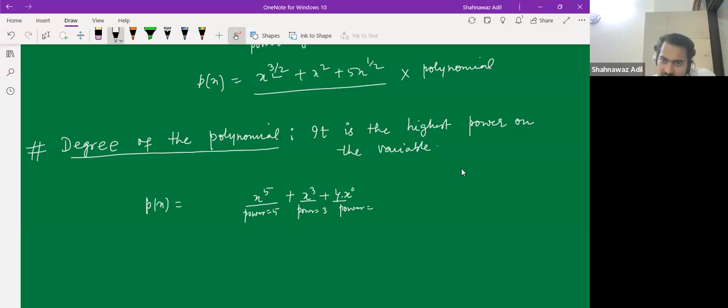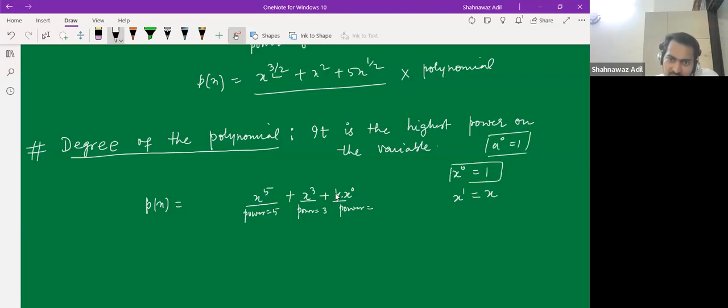And what is x to the power 0? What is x to the power 1 then? It's x. Anything to the power 0 is 1, right? So x to the power 0 is 1.